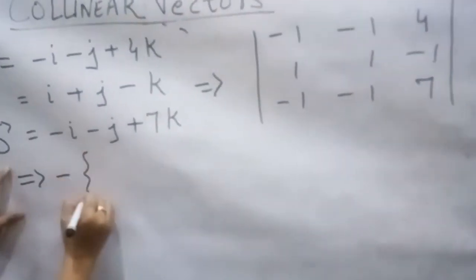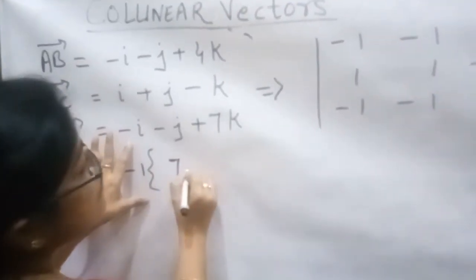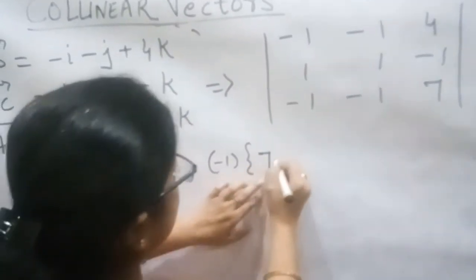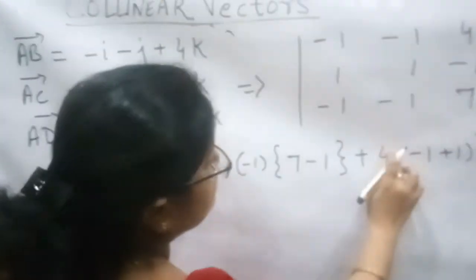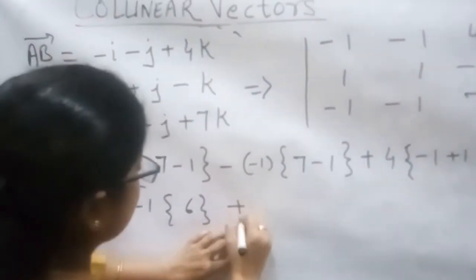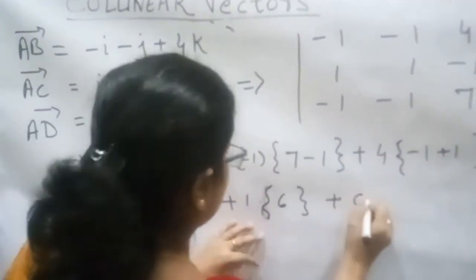We have minus 1 times (7 minus 4) and so on, and we get 6 and 6, and it is 0.